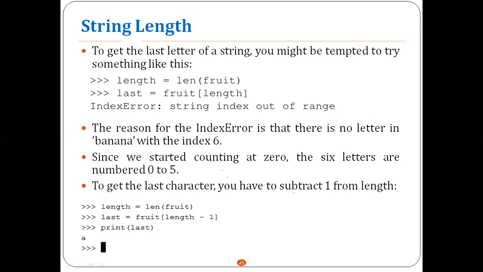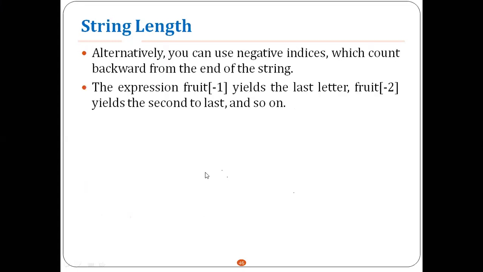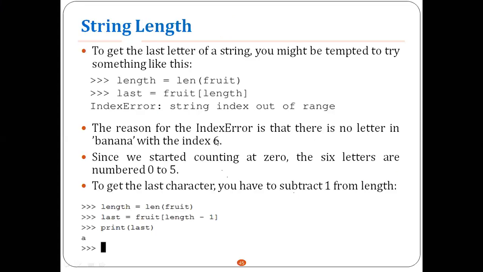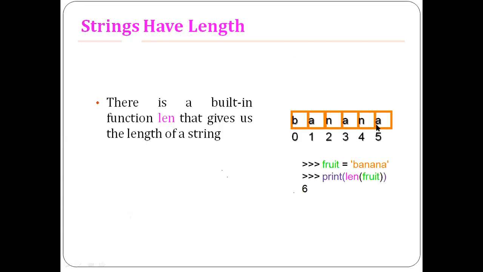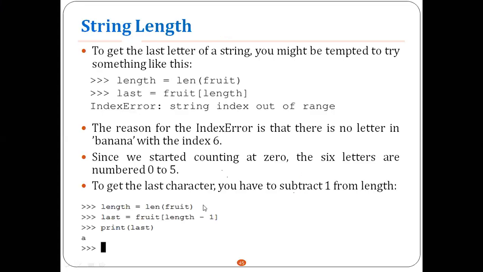Now the length is equal to 6, and if you subtract 1 from that, 6 minus 1, that is 5. So fruit of 5 is a valid index, the last character is a, so that value will be printed on the terminal. This is what you're supposed to remember.